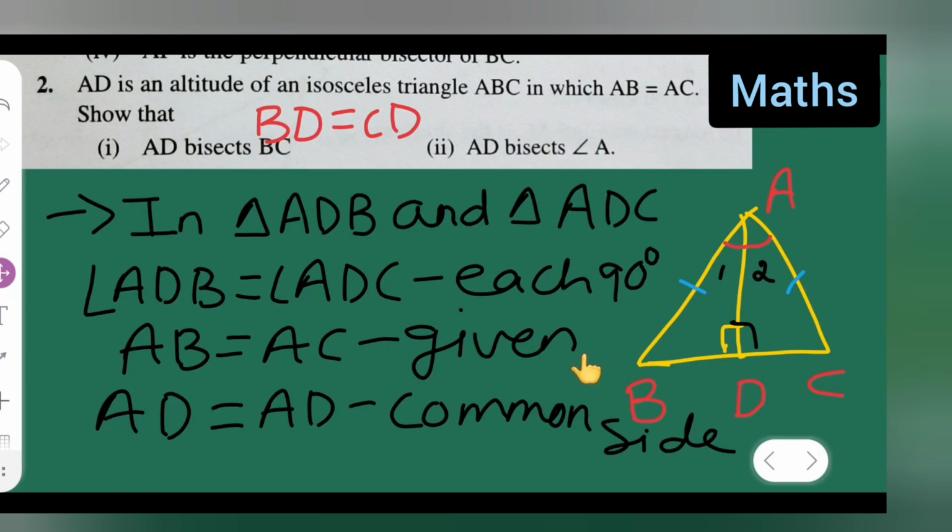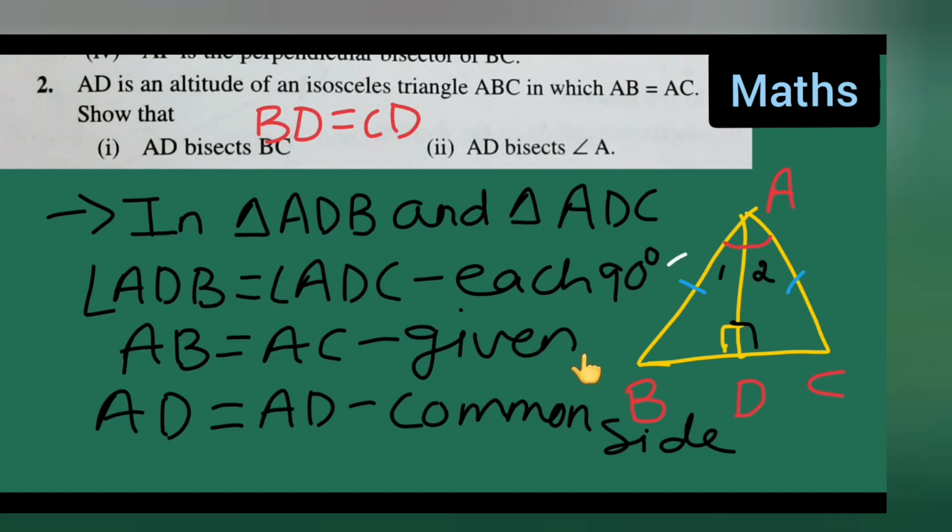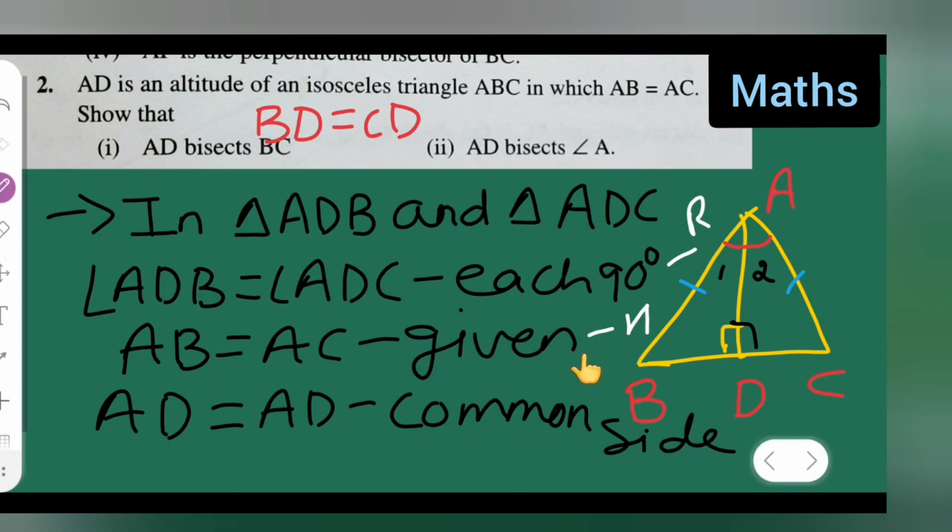So basically here you all have applied R, which means 90 degrees. AB and AC are nothing but the hypotenuse. This slanting line is known as the hypotenuse, and here you all have applied side. So it is the RHS test. These two triangles are congruent by which rule?